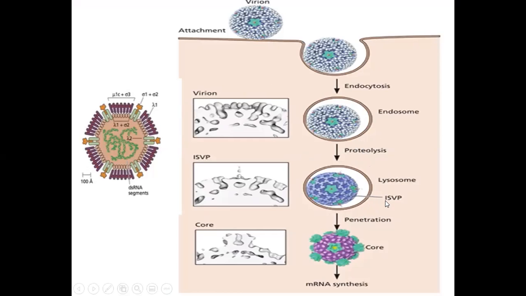This is the infectious subviral particle present here, and as I told you, it has 3 layers. So the layers are dissolved by the lysosomal acidic environment, and then different types of molecules penetrate and go inside the viral particles.